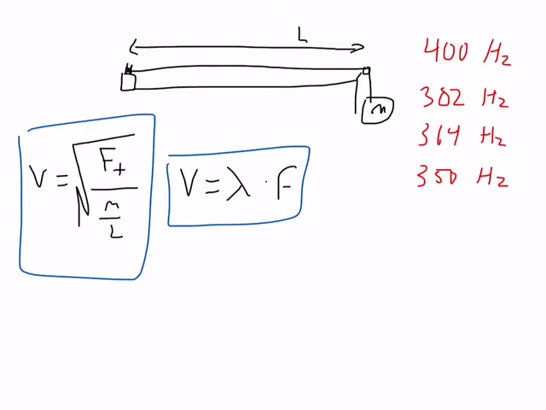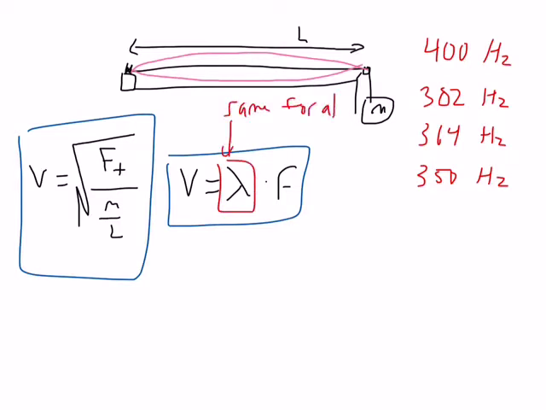So the next step is to note that a fundamental frequency is a statement about wavelength. If we draw the wave on here, the standing wave for the fundamental frequency is going to look like this. It has nodes at both ends and nothing in between. So even though the fundamental frequencies are different, the wavelength is the same for every single wave.